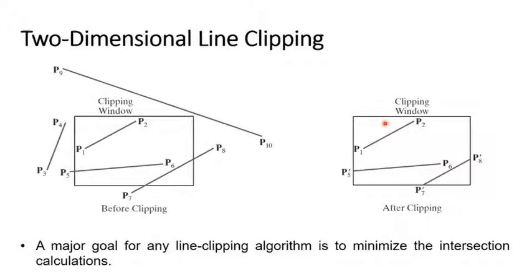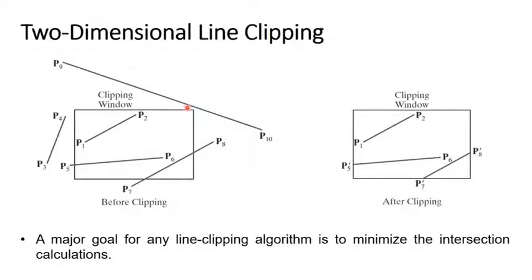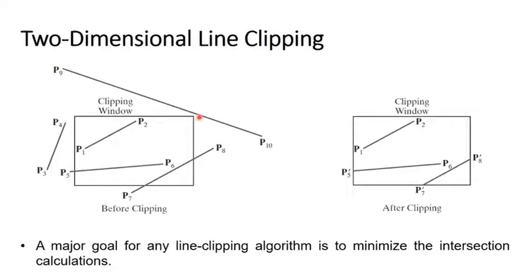Two-dimensional line clipping. So imagine we have lines something like this. This is my clipping window. We have a bigger world out here. There is a line like this in the world. There's a line like this in the world. There's a line like this and like this and like this in the world. This is my clipping window.